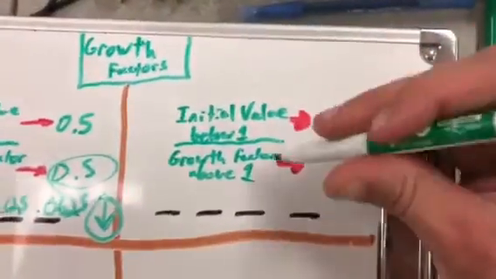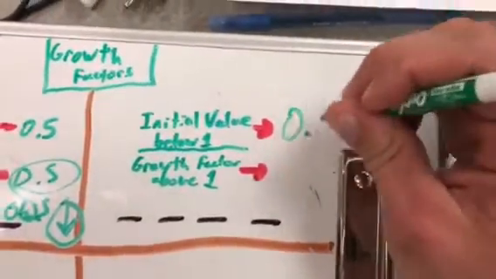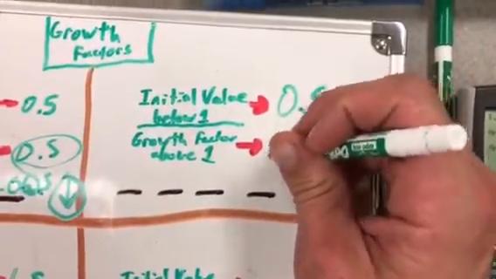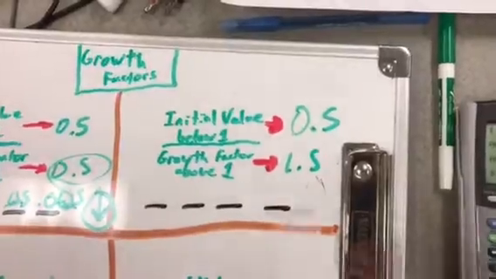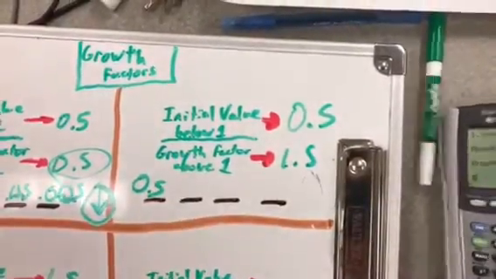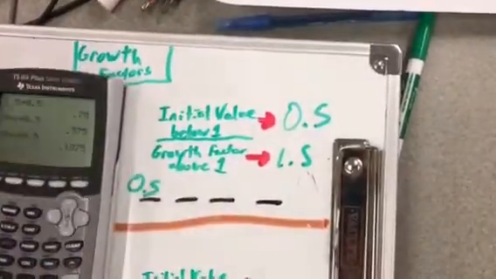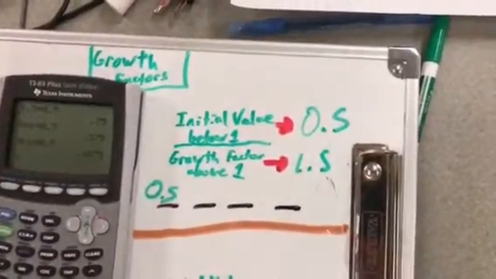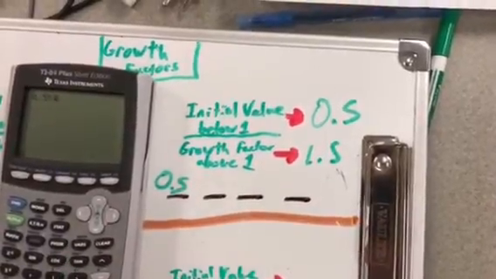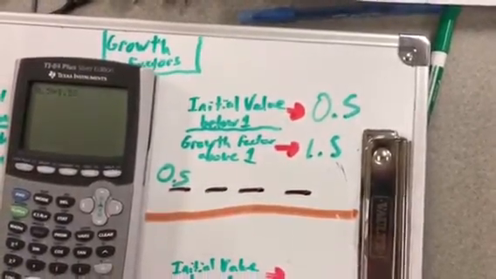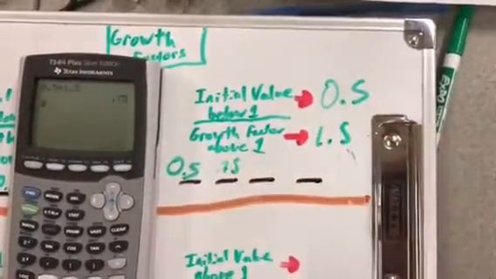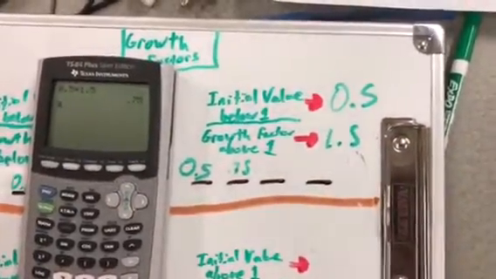So let's say our initial value is below 1, so we're going to start with 0.5, and our growth factor is above 1. Let's make it 1.5. So our initial value is going to be 0.5, and I'm going to take the calculator, and now I'm going to multiply all these by 1.5. So clear it, 0.5 times 1.5. Okay, so now it's getting bigger, 0.75. That's more. That's 50 cents to 75 cents, okay?